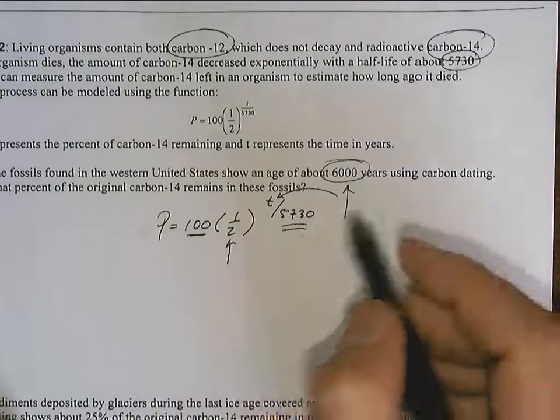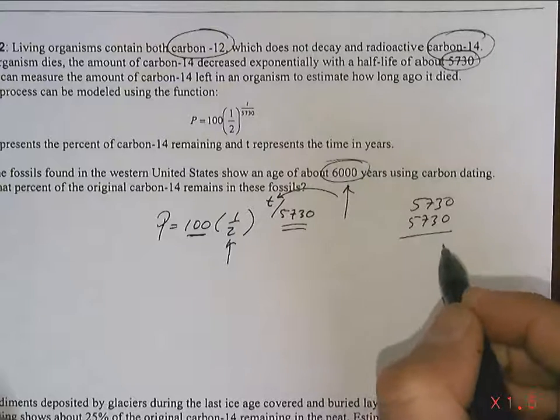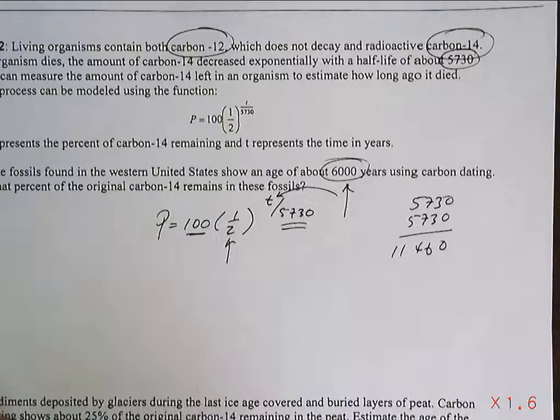If we thought that it was two of these, if we thought that it was 11,460 years old, we'd expect there to be a quarter remaining, half of a half.